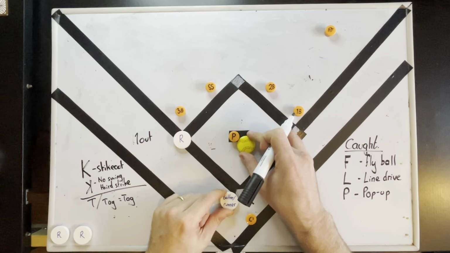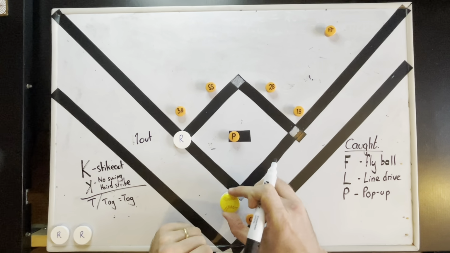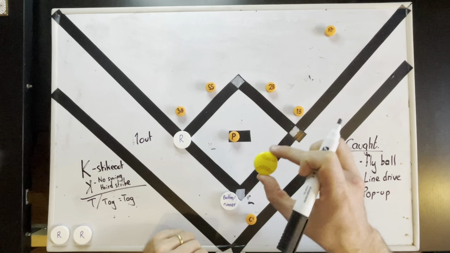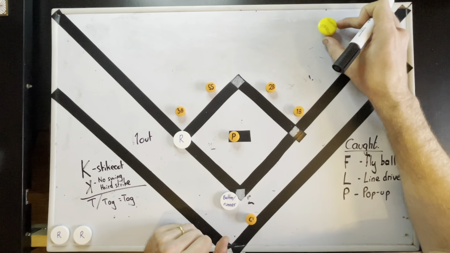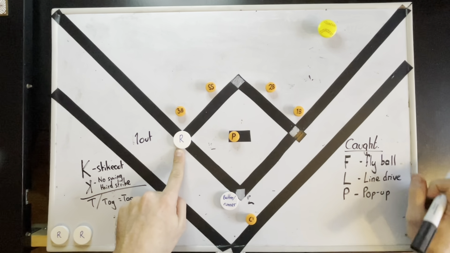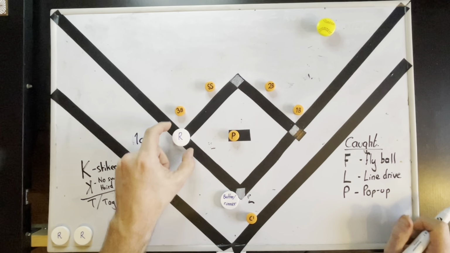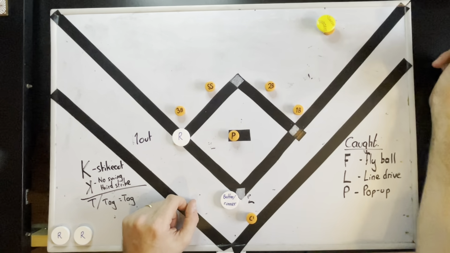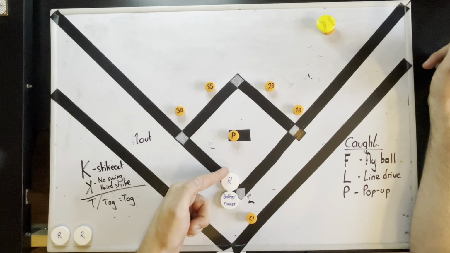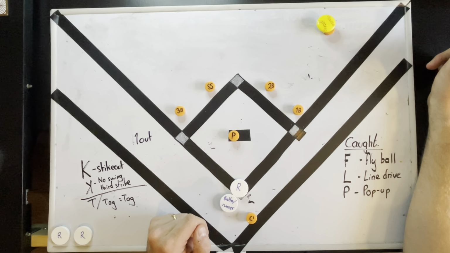So in this instance, the pitch comes in, bang. I hit all the way out to right field. This runner here is paying attention to their coach. They've paid attention to these videos. They know they're going to stay on third base because as soon as it is caught, they can then run and score a run.